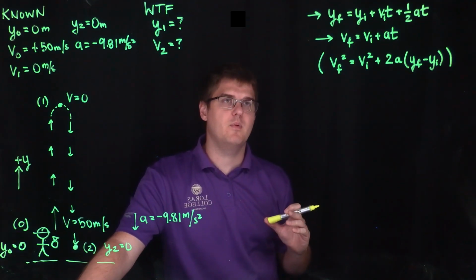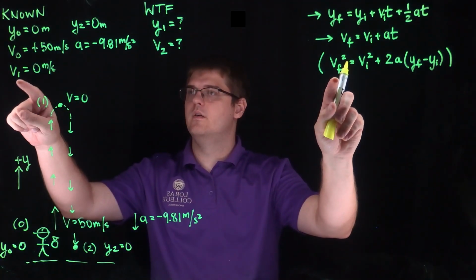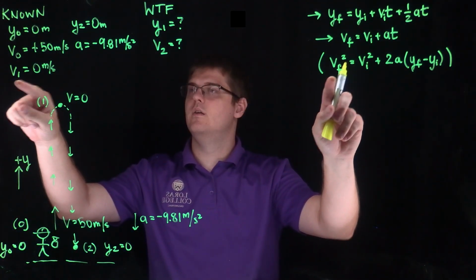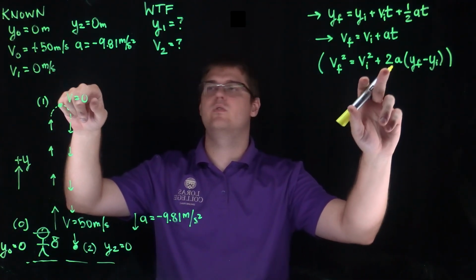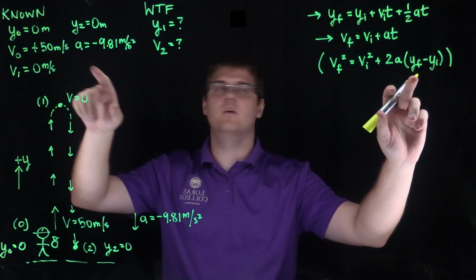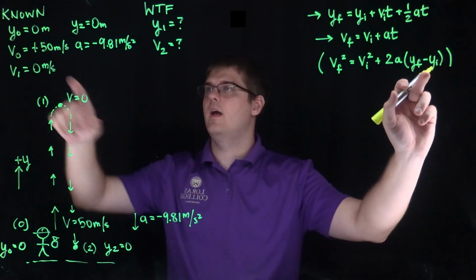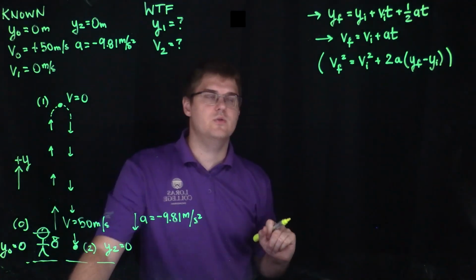It's a solvable problem. However, what we can do is say velocity final, I have that. Velocity initial, I have that. 2 is a constant. Acceleration, I have that. Y final, well, that's what I'm looking for. And y initial, I have that. So this guy will lead directly to that.